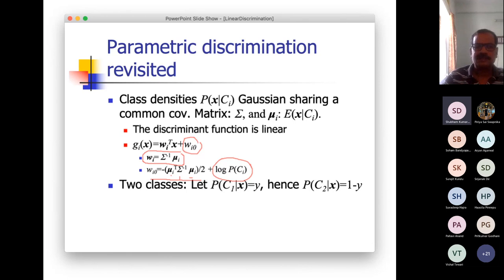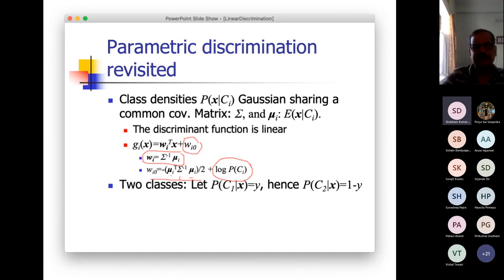Here, let us consider that we have two quantities, because we are assuming two classes: the posterior for class 1 and the posterior for class 2. Given a sample, say the posterior for class 1 is y. Naturally, the posterior for class 2 would be 1 minus y, because there are only two possibilities. X could be assigned to C1 or to C2. With probability y it could be assigned to C1, and with probability 1 minus y it could be assigned to C2.